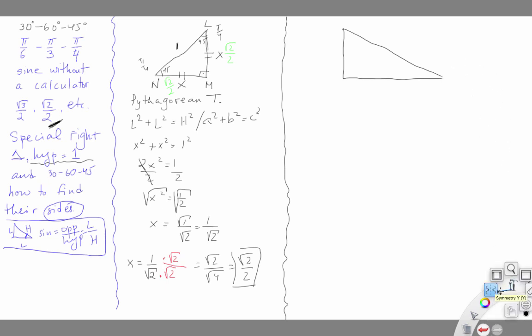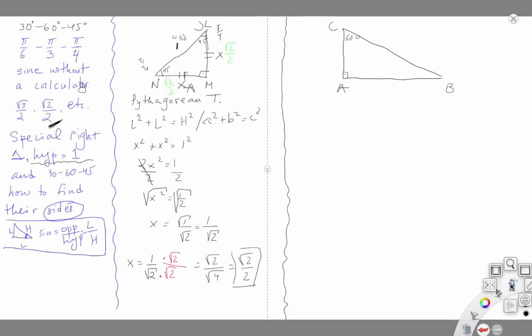Now, what we have over here is A, B, and C. This is the right angle. This is the bigger angle, so we will say this is 60 degrees. I don't know what happened to my screen, but it's not cool.